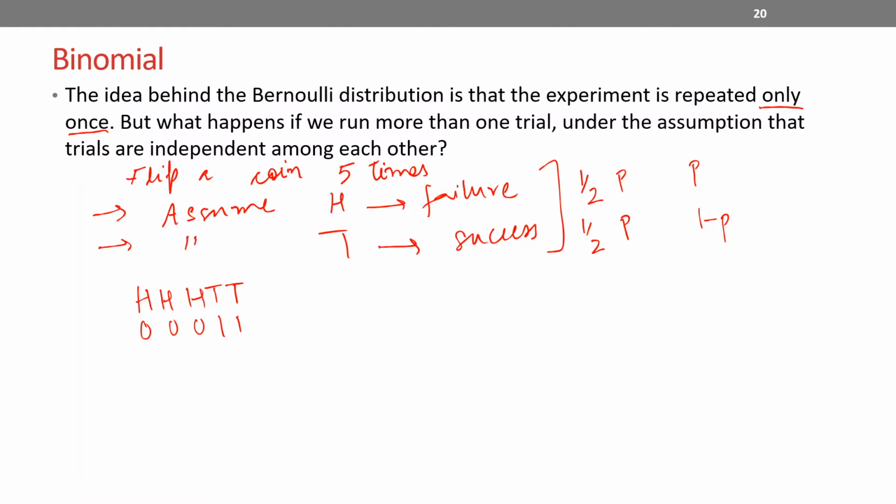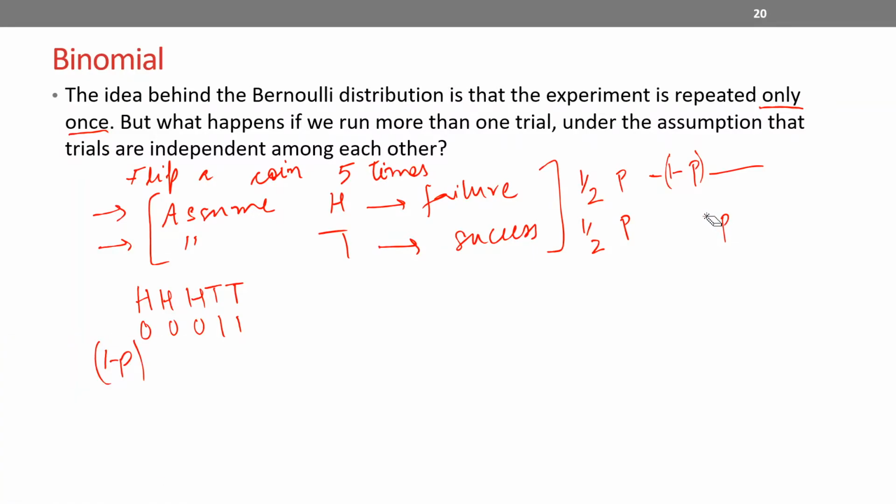So again, every individual trial is a Bernoulli and its probability is either p or 1 minus p, right? Because the way I have built this problem is that my heads is a failure, I'm denoting my success probability with p. Maybe I shouldn't have. This is 1 minus p, and let me erase this.